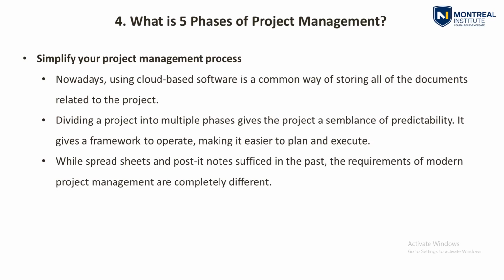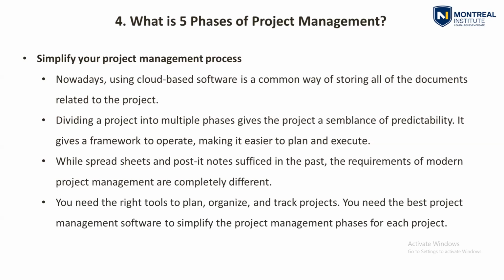completely different. So, previously maybe 10, 15 years ago, people used spreadsheets and post-it notes for projects, and in the room they would have drawings and everything. But modern project management is completely different because everything is in the system, in the cloud. So no one will have notes or anything, no papers will be available, everything will be in the system.